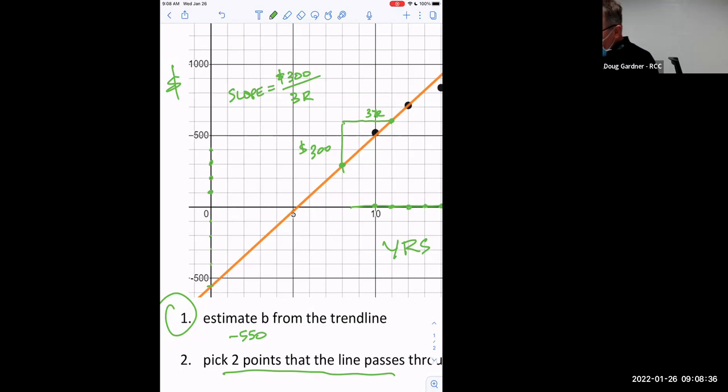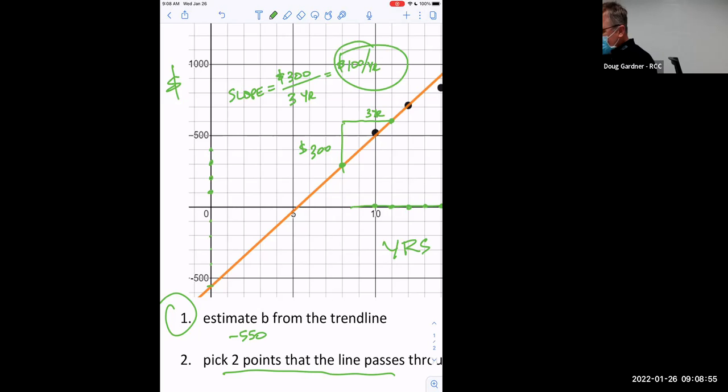Notice that fraction reduces. What does 300 divided by 3 reduce to? 300 divided by 3 is 100. So this is basically $100 per year. That's what your slope is.